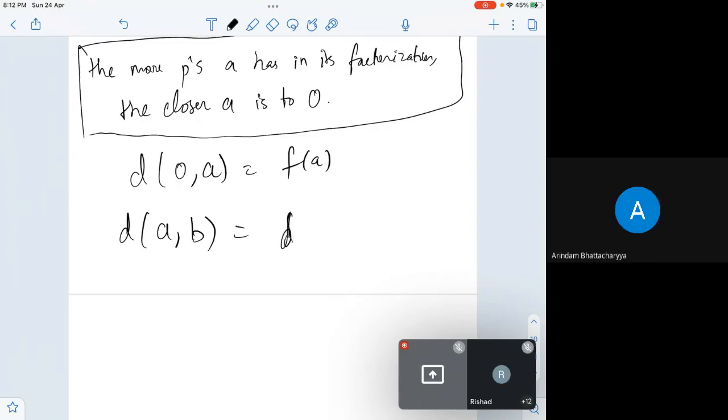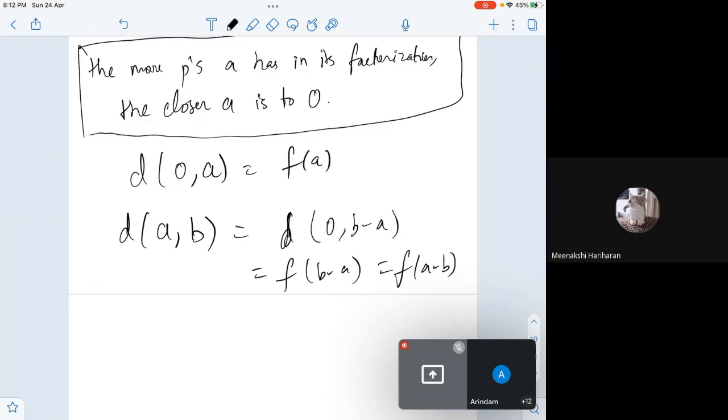So we want it to be, let's say, f(b minus a), which is the same as f(a minus b). Make sense? Yeah.